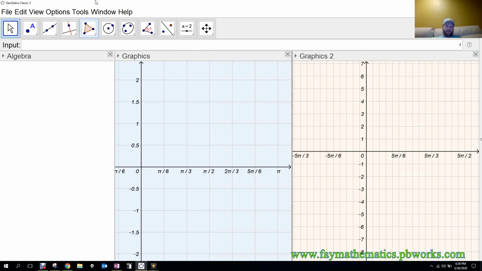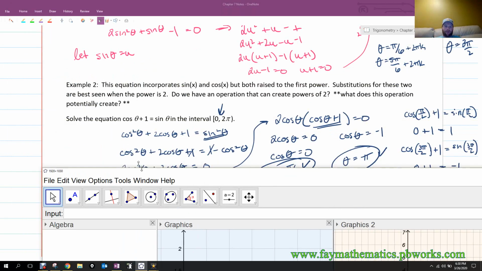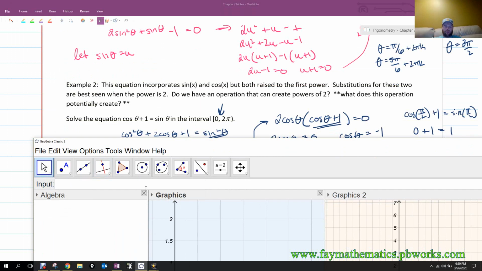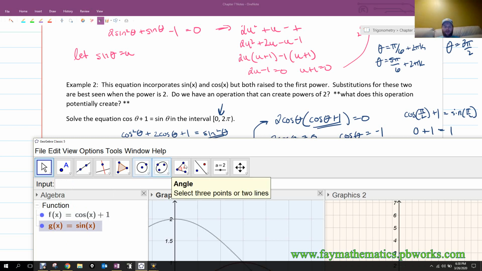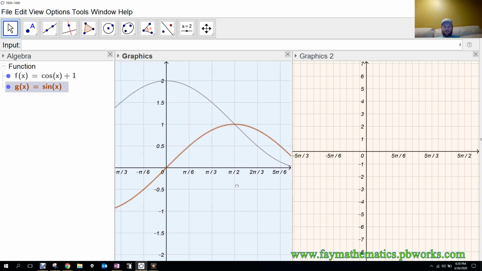All right, so when we type in what we started with, and I'll put this in the blue one, we'll go cosine of x plus 1. Where does that equal sine of x? Okay, so that gives us these 2 curves.